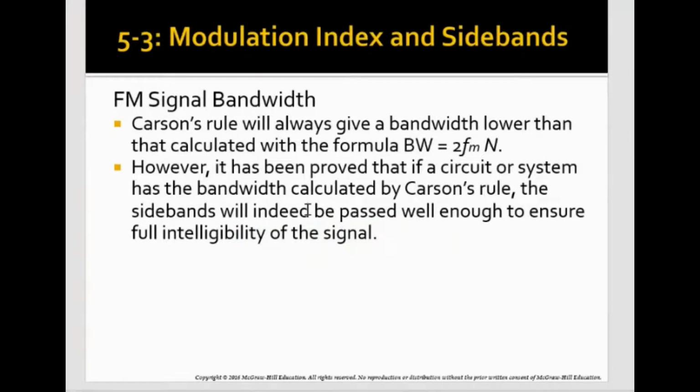Here is something explaining this. Carson's rule will always give a bandwidth lower than that calculated with the formula bandwidth equals 2 FM times N. Carson's bandwidth is always smaller than the one we get using the Bessel function.